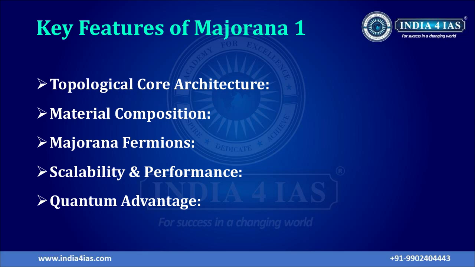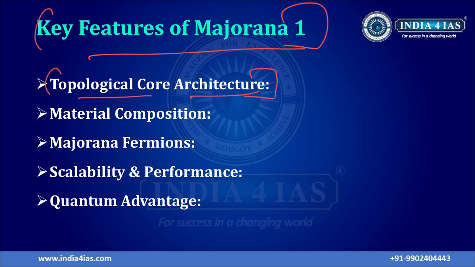Now we will look into the key features of the Majorana 1 quantum computing chip. The first feature is topological core architecture. Topological core architecture means Majorana 1 is the first quantum chip to use a topoconductor. Topoconductor means topological superconductor.